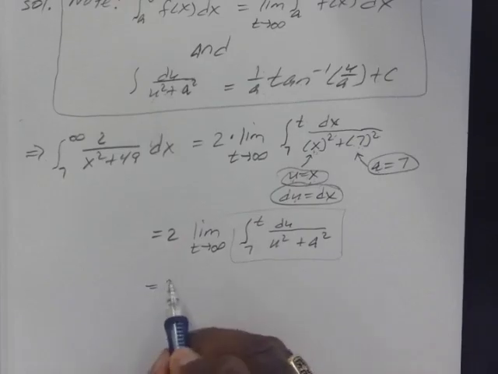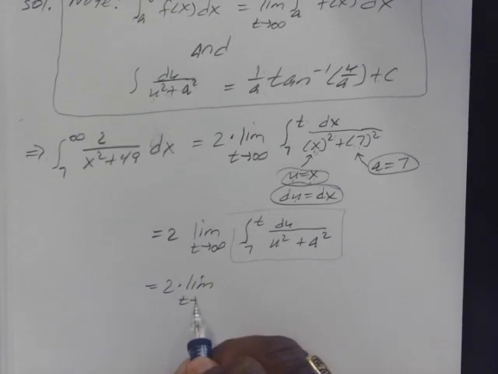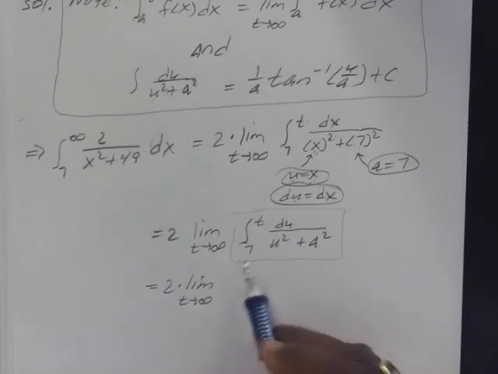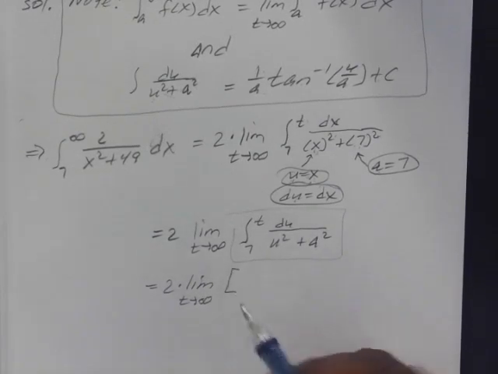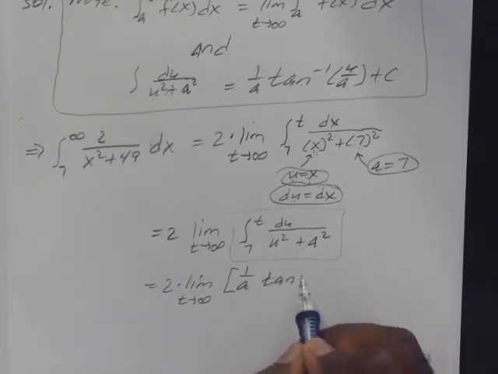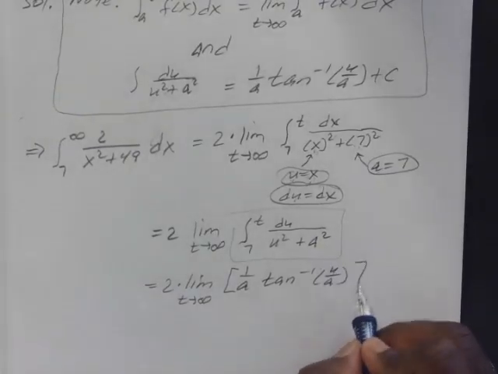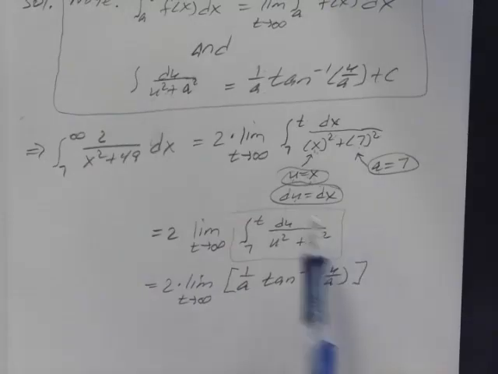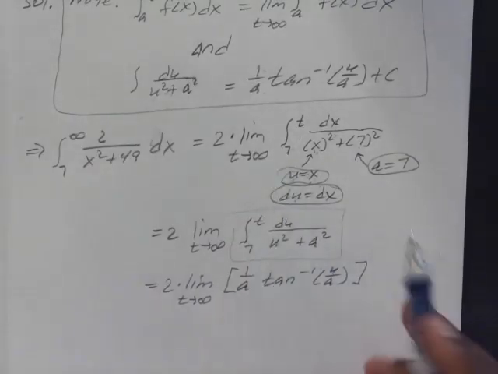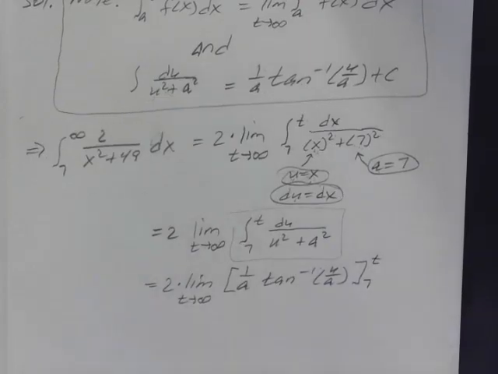So that's just equal to 2 times the limit as t approaches infinity. And this entire integral we replace with 1 over a times tangent inverse of u over a. And we don't need the plus c because this is a definite integral, so that's just from 7 to t.